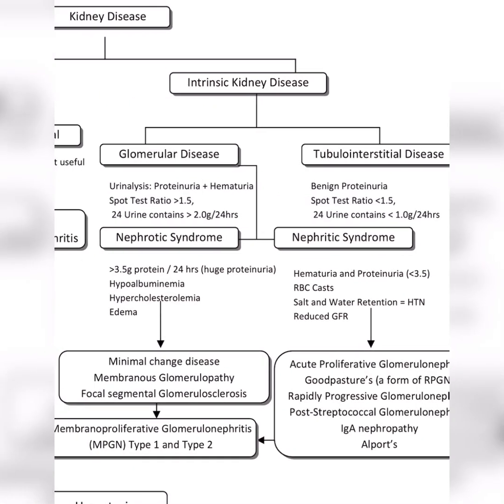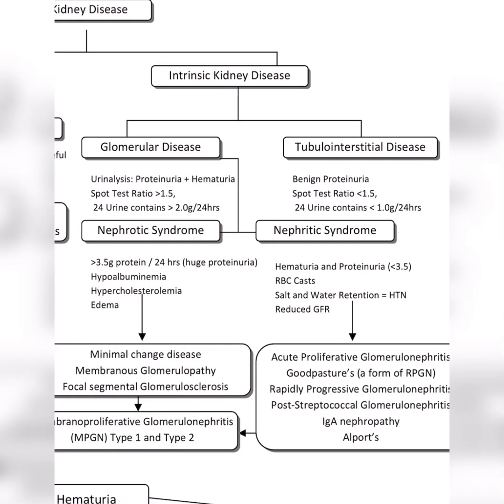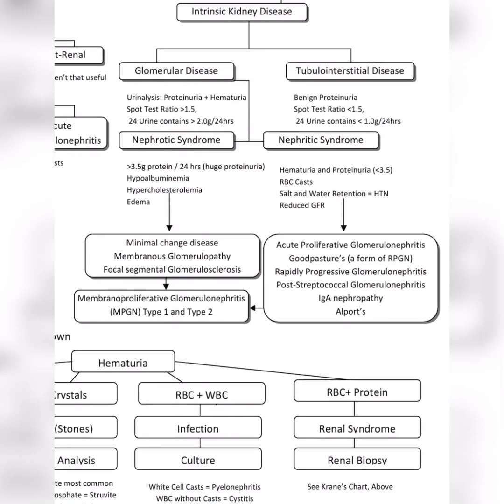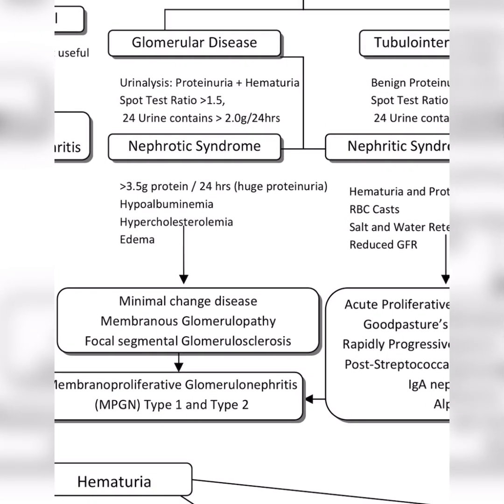Let's go toward the intrinsic kidney diseases, widely divided into glomerular disease and tubulointerstitial diseases. The glomerular disease is further divided into nephrotic syndrome and nephritic syndrome. If you talk about the glomerular cause, there will be a problem in the glomerulus, leading to failure of filtration and excretion of proteins and RBCs into the urine.